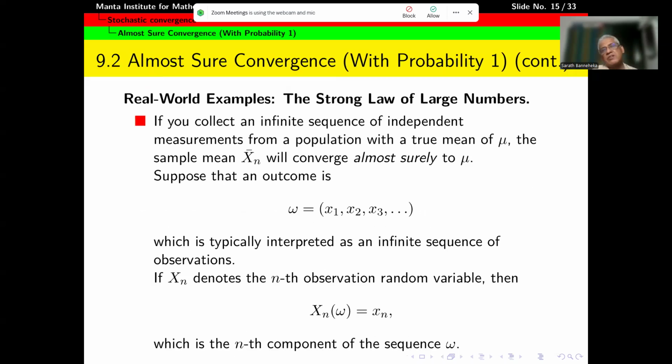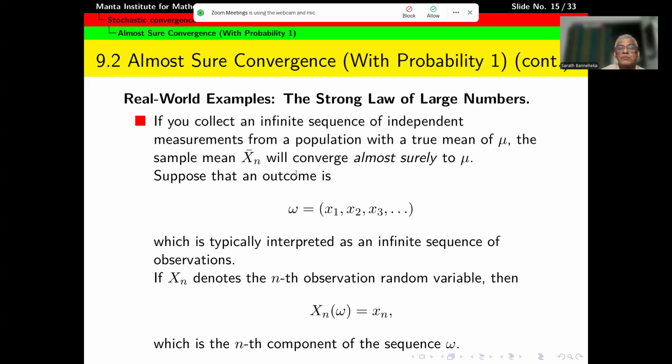So let us look at one or two examples to understand this type of convergence. Suppose we collect an infinite sequence of independent measurements or observations from a population with true mean mu, and there may be some variance, but we are interested in only the mean. Usually this mean is an unknown thing, but theoretically, suppose the mean is mu.